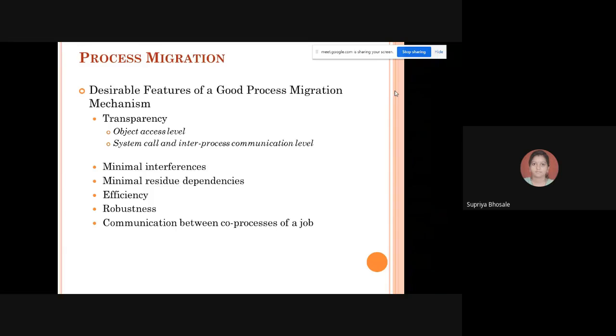Then some desirable features of good process migration mechanism that we have seen, like transparency, then minimal interference, then minimal residue dependencies, efficiency, robustness, and communication between co-processes of a job.